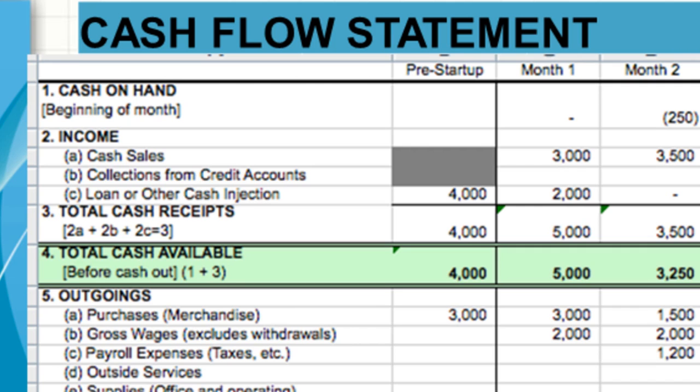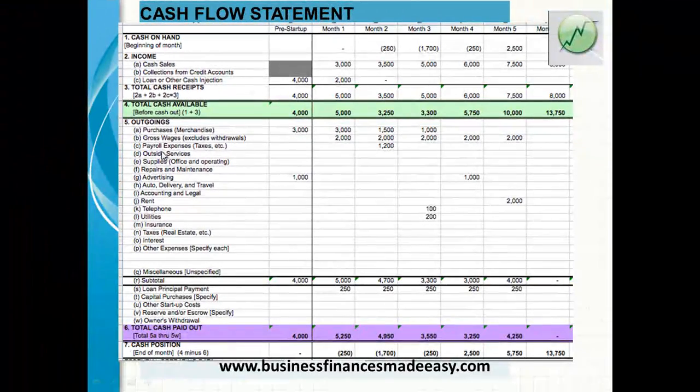Then you can see how much money has gone out because you've paid the wages, because you've made some purchases. You can see that here, the payroll expenses. So everything that you have taken from your pocket, literally, and paid to suppliers or whatever, utilities, rent.